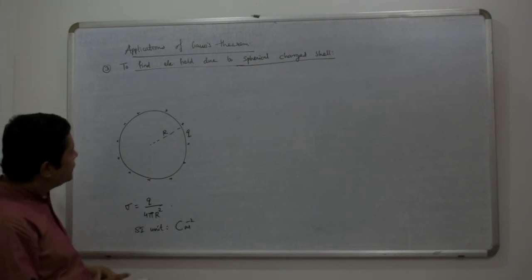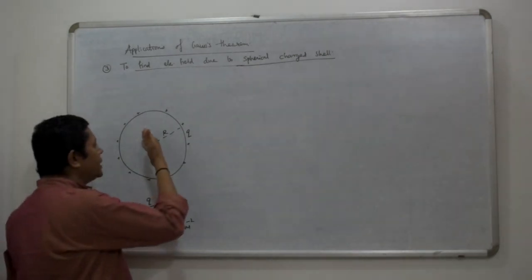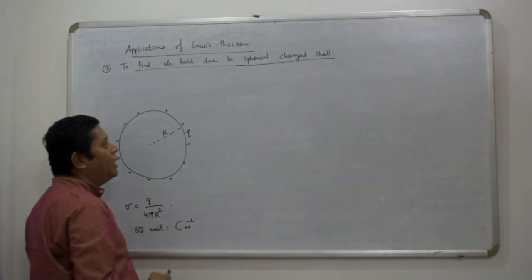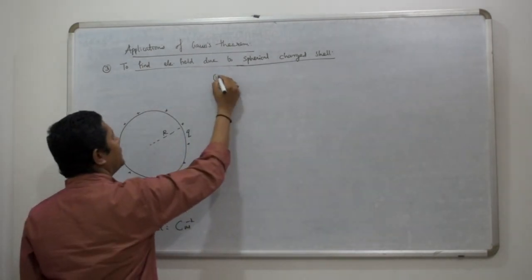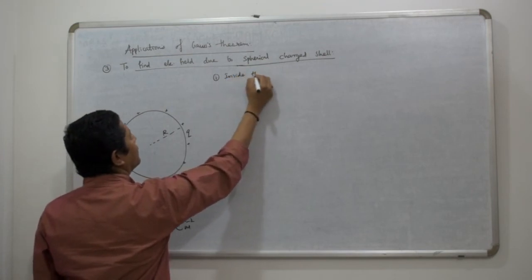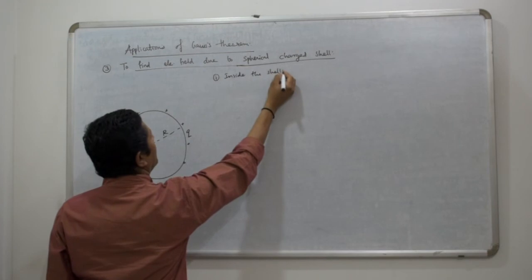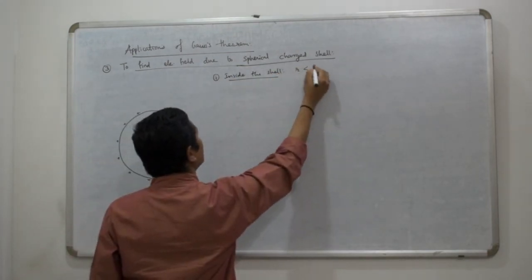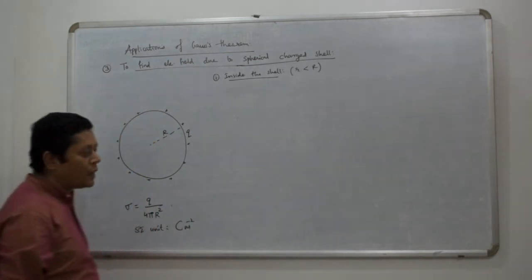Now to find electric field either inside the shell, on the shell, or outside the shell, let us consider different cases. One is inside the shell. Inside the shell means at a distance r which is less than the radius of the shell.